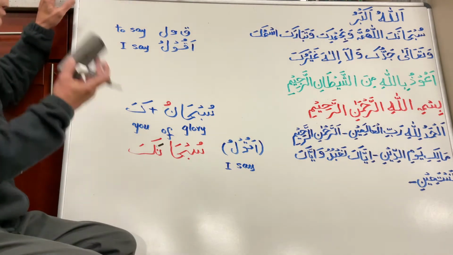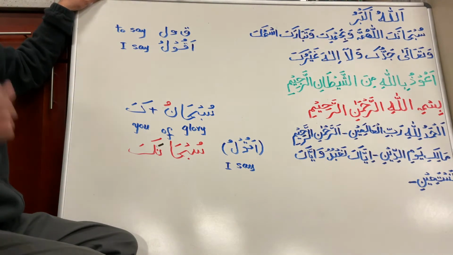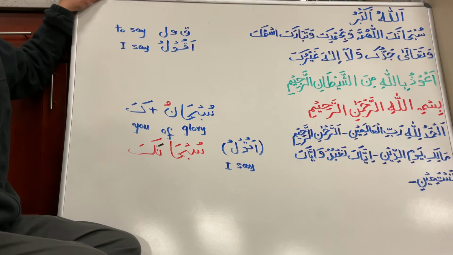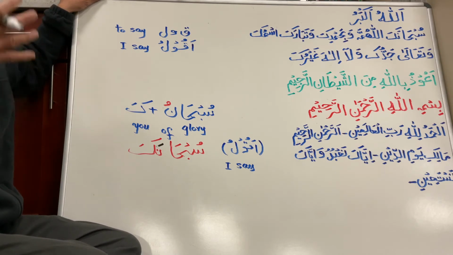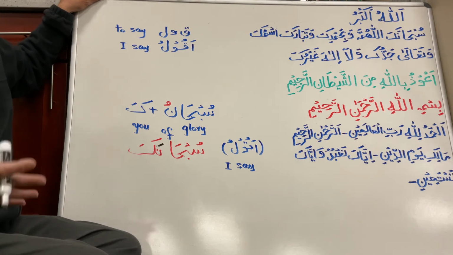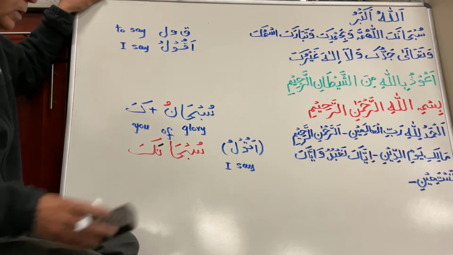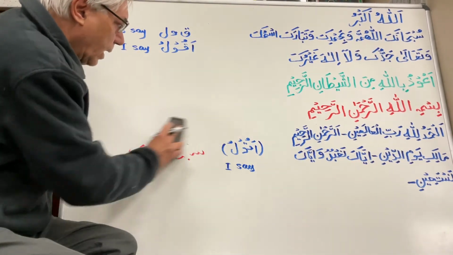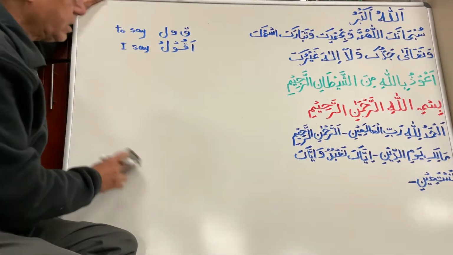As soon as we start the Salat, we are saying, I am claiming that you, O Allah, are glorious. I'm praising Allah in this way, which means I believe and I submit and I say this with full understanding. So Subhanaka by itself has so much understanding in it.